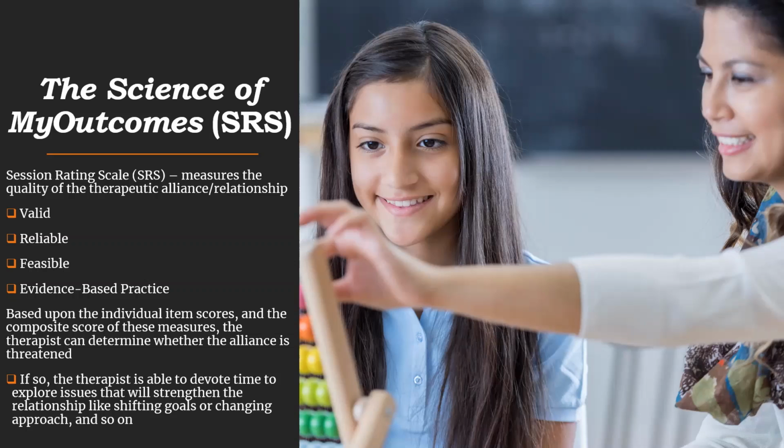It's also an evidence-based practice, again, recognized by Oasis, OMH, and SAMHSA, based upon the individual item scores and the composite score of these measures. The therapist can determine whether the alliance is threatened. And if so, the therapist is able to devote time to explore issues that will strengthen the relationship, like shifting goals or changing approach and so on.